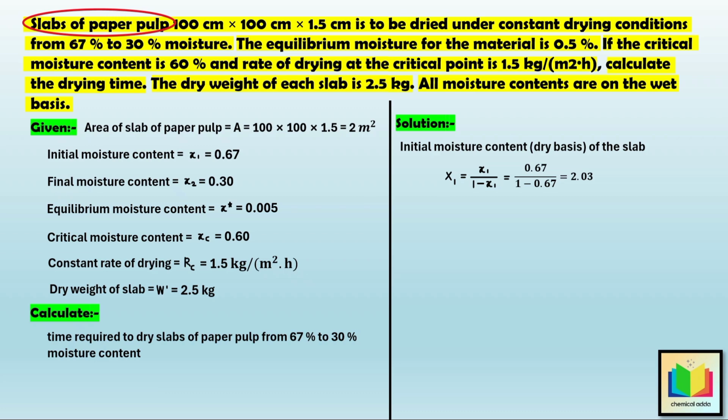Then, let's calculate the final moisture content of the slab on a dry basis, which is denoted by capital X2. So the formula for capital X2 is capital X2 is equal to small x2 divided by 1 minus x2, where small x2 is the final moisture content on a wet basis, which is already given as 0.30.